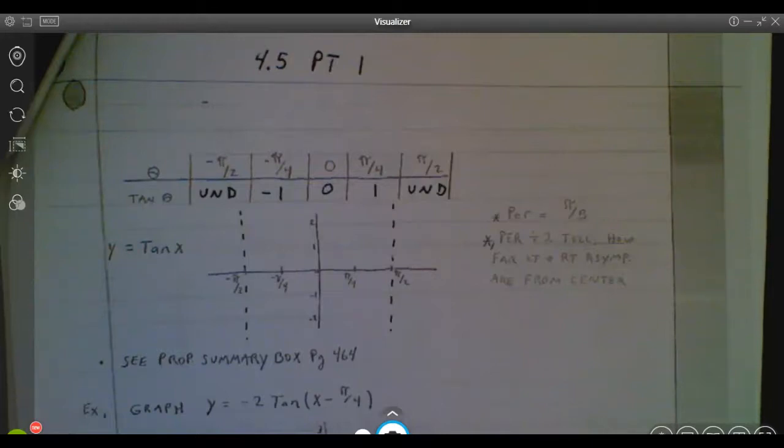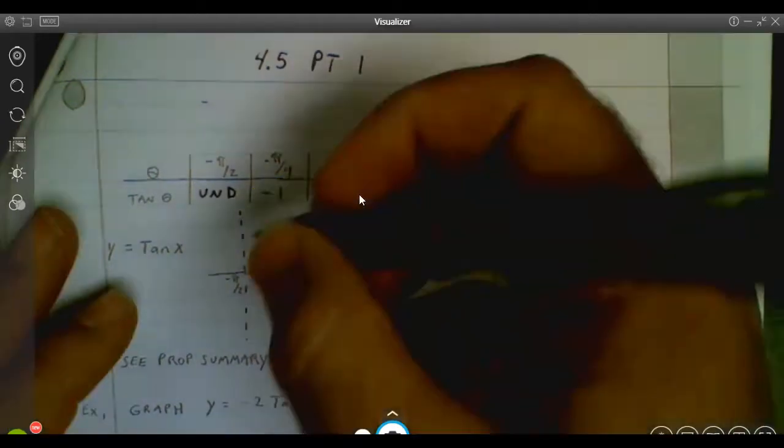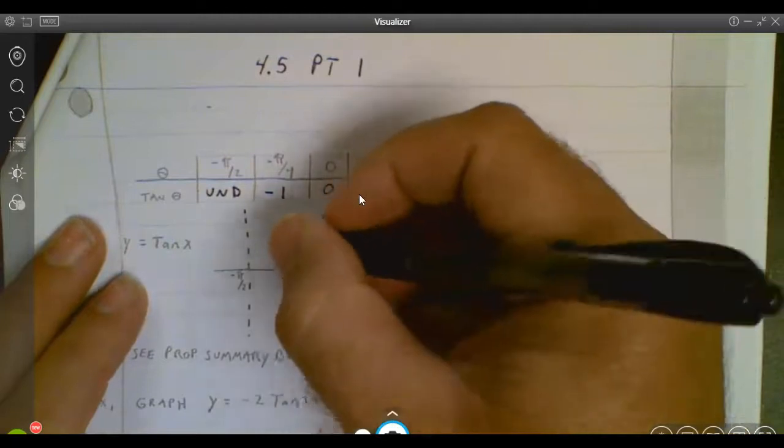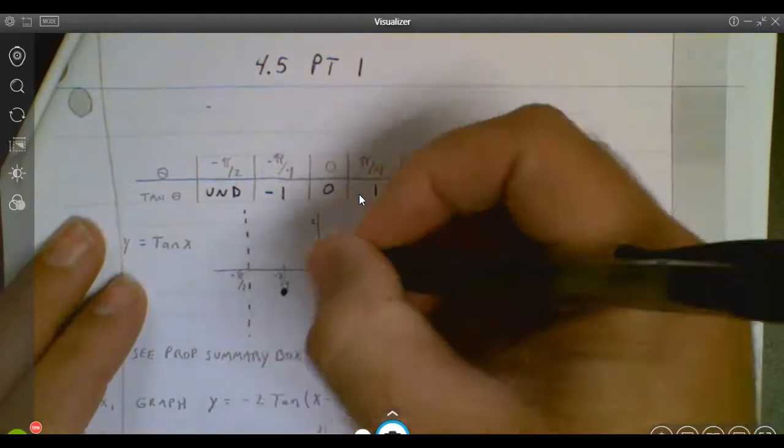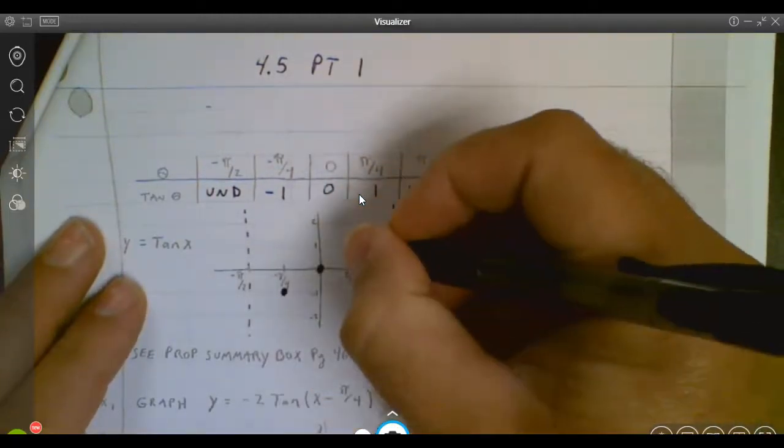One of the other main differences we see with the tangent function is that instead of the period being 2 pi, like the sine and cosine graphs, the period of the tangent function is simply pi. As we traveled from negative pi halves to positive pi halves, we only went halfway around the circle, so it's only pi units for the tangent graph. If I plot these 3 points, at negative pi over 4 I am at negative 1, then 0, and then positive 1.